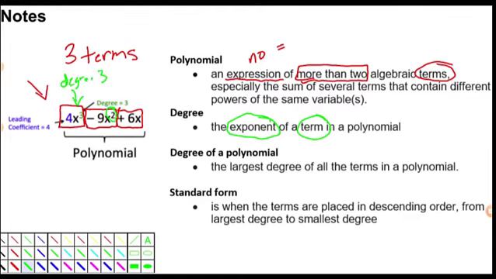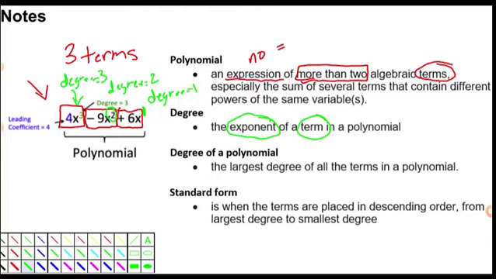The next term has an exponent of 2, so that would be degree 2. And the last one, it's not written, but there's a little 1 right there, and that one is degree 1. So each term will have an exponent, and that's what we're going to be looking for.